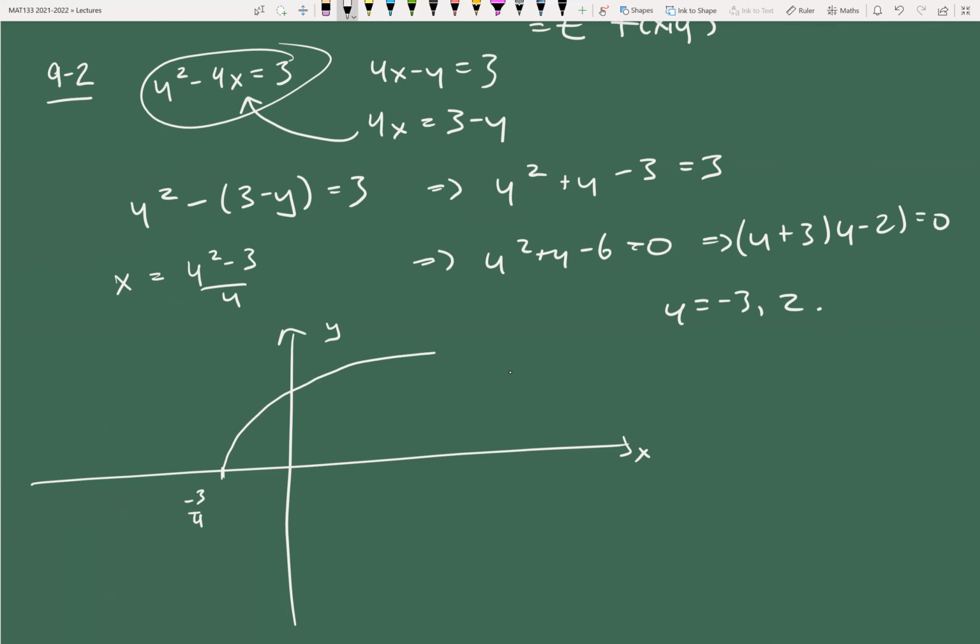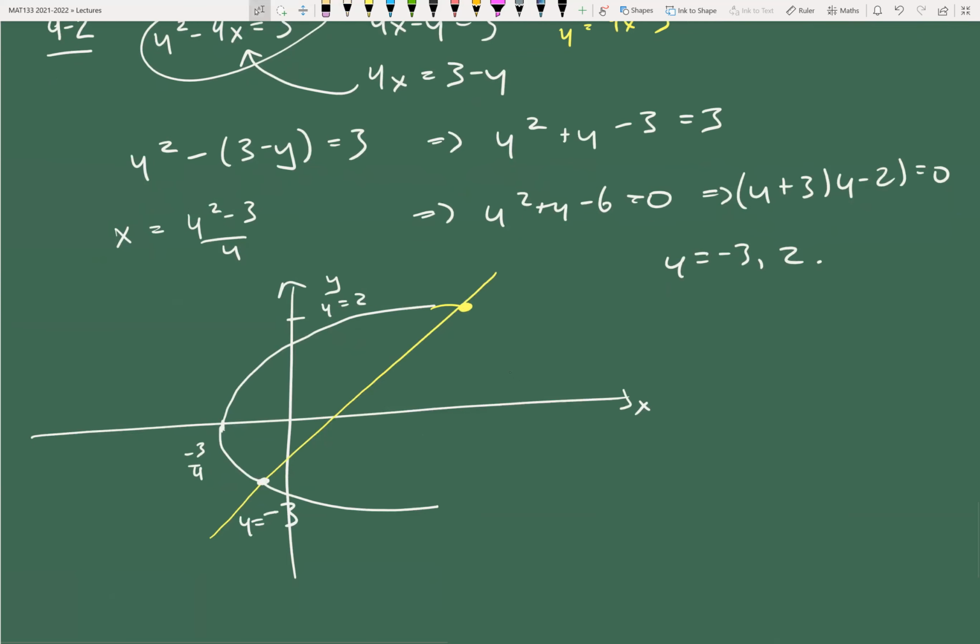So it's going to look something like this. And then the other equation is going to be a line. So it's going to look roughly like y is equal to 4x minus 3. So it's going to look something like this. And now they intersect at y is equal to 2 and y is equal to negative 3. And you're looking for this area.